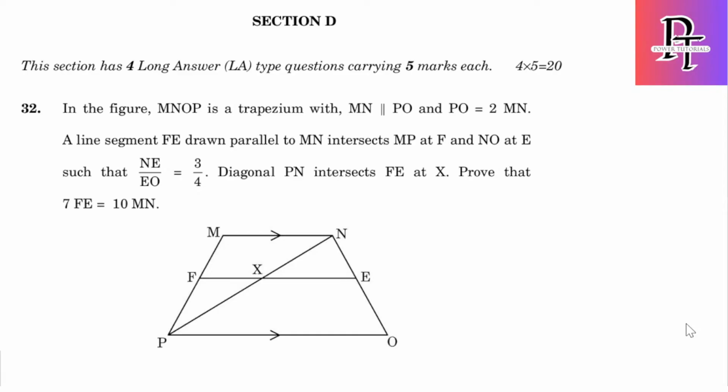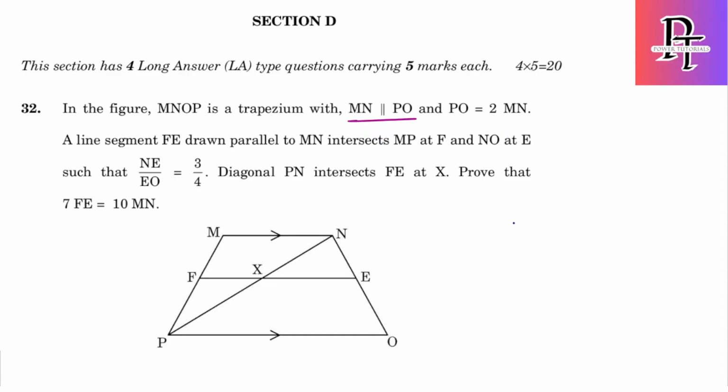The given figure, MNOP is a trapezium with MN parallel to PO. PO is equal to 2MN. PO, this line, is equal to twice of this first line.